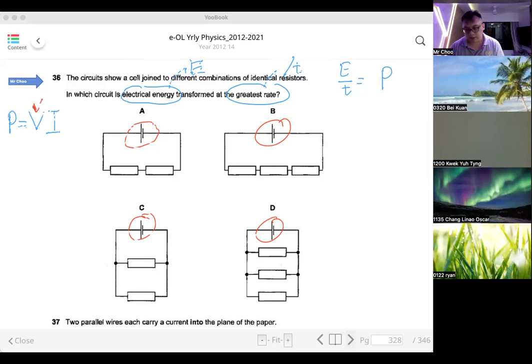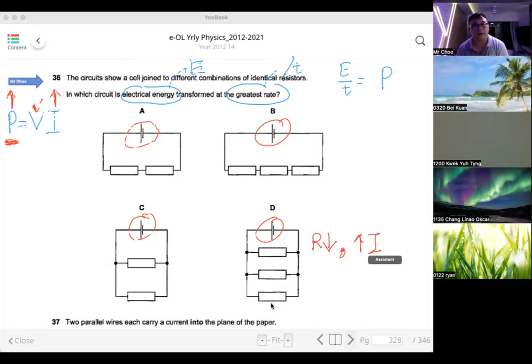So to have the greatest power, your current has to be the greatest. So you just observe these four resistor configurations. Which one will give you the greatest current? The one that has the greatest current will have the least resistance. So you know that when there are more resistors in parallel, the resistance is the lowest. So therefore, the total current here is the highest.